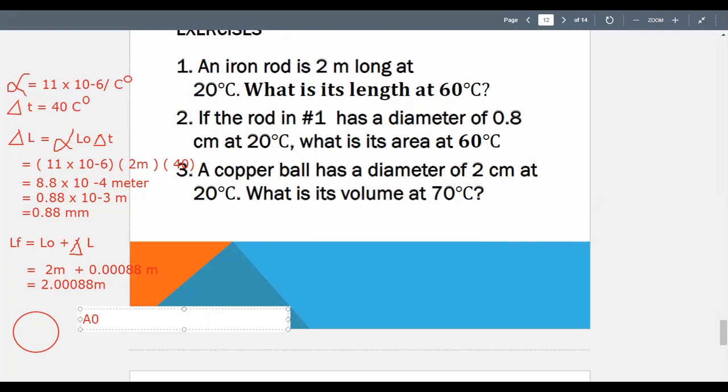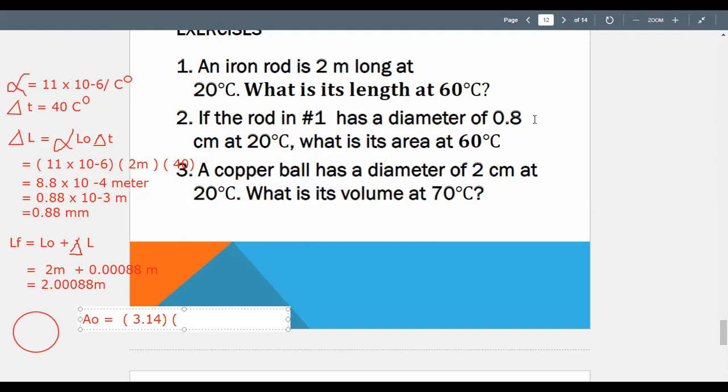What is our original area of our object? So A0 is equals to, since it's a circle, pi, which is 3.14. And then you get the radius. If its diameter is 0.8 centimeter, then you get half of that.